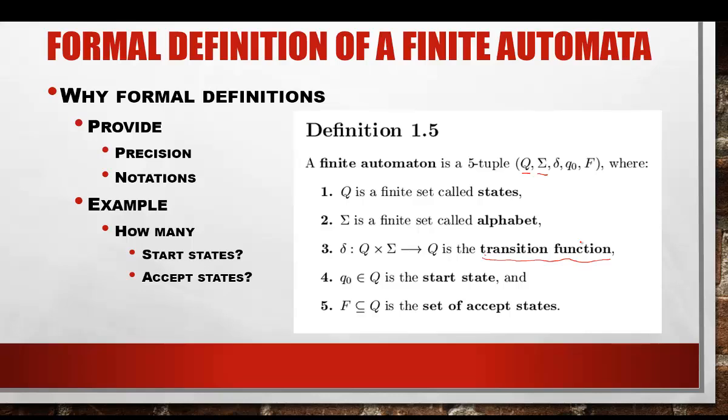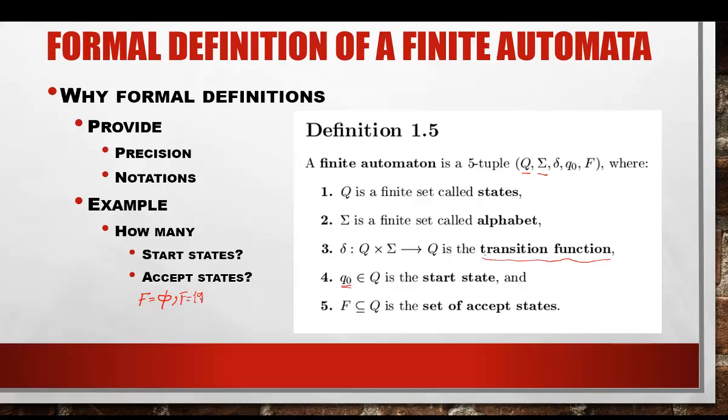How many start states can a finite automata have? According to the definition, it can only have one start state. How many accept states can it have? Well, according to this definition, F is a subset of Q. So F could be the empty set, with no accept states. A finite automata that doesn't accept any strings is still a finite automata. It could have just one state, for example.